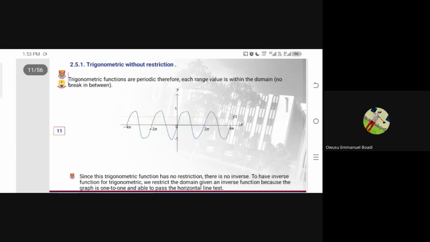The first one is the domain of f, -5 to infinity, and the range is 0 to infinity. That is the same for the other side. For the domain, it should be from 0 to infinity, and then the range will be -5 to infinity. Is it clear?